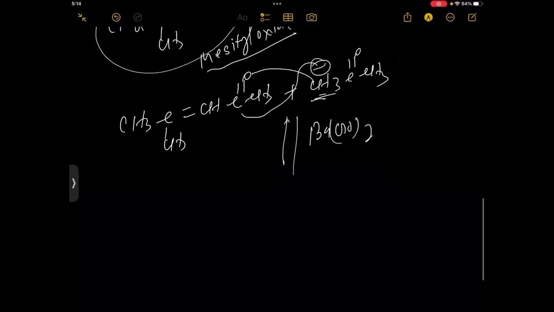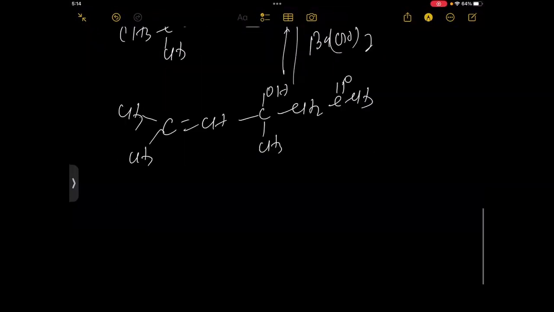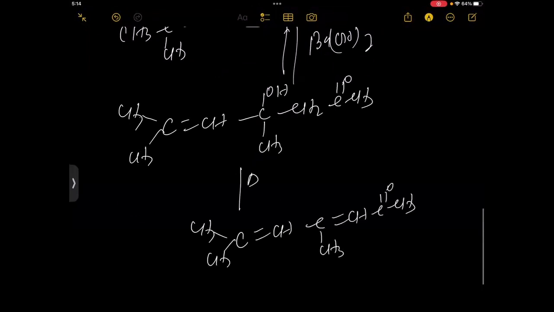So CH3 CH3 double bond CH, C OH CH3 CH2 C double bond O CH3 will form, because one hydrogen will come here and the rest group will attack here, and then the dehydration will happen. So what happens? CH3 CH3 double bond CH, CH3 double bond CH, C double bond O CH. This is called 4-one.